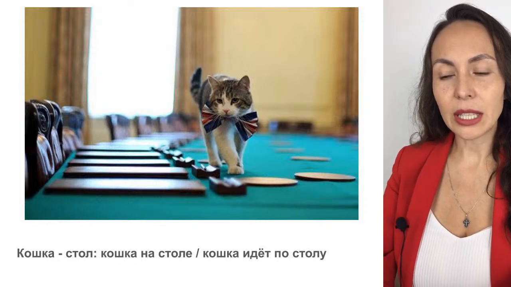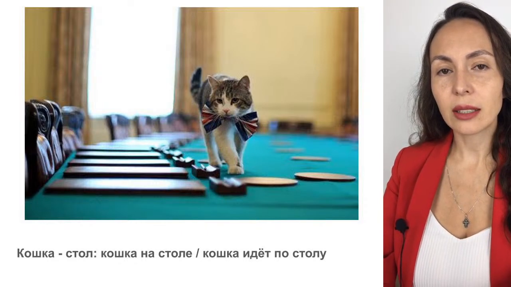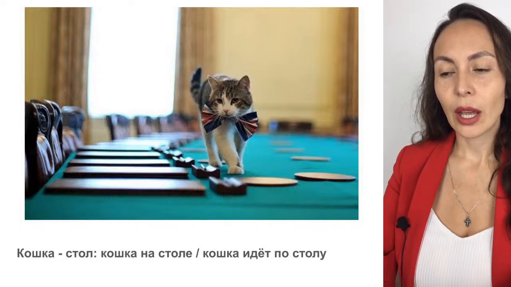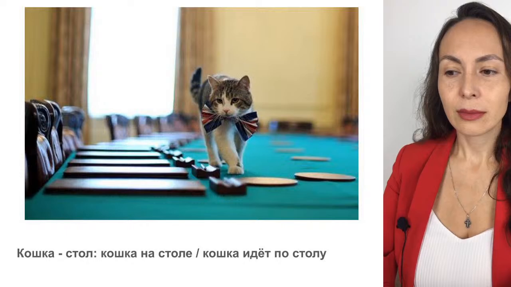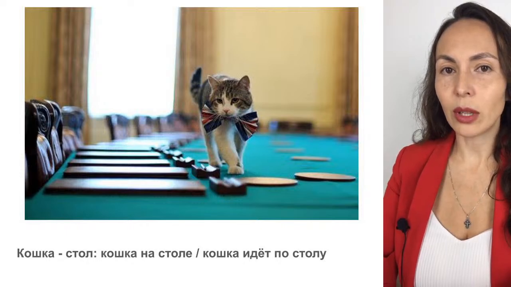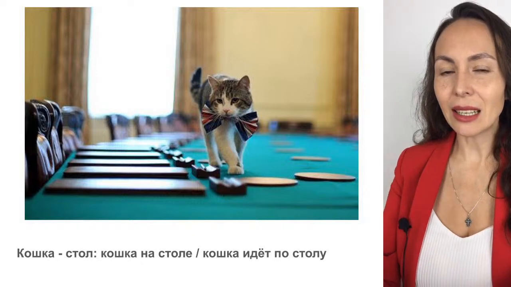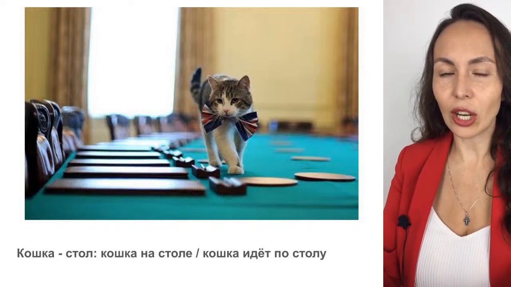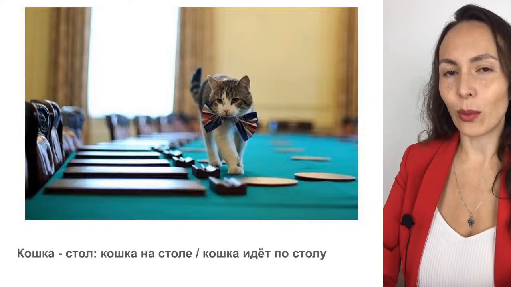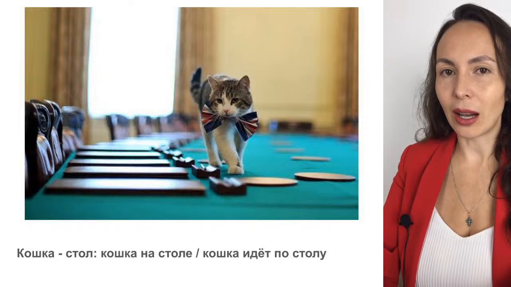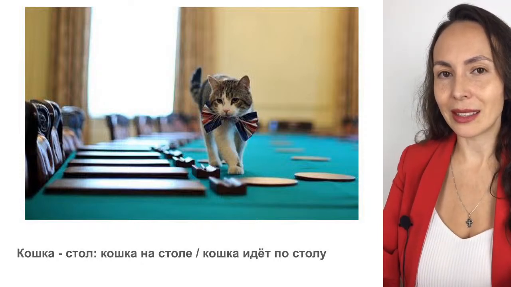Again, we see кошка and стол. To connect this table and this cat, we need to see what she is doing. About all the cats, I think she, so I'm going to use she in this webinar.